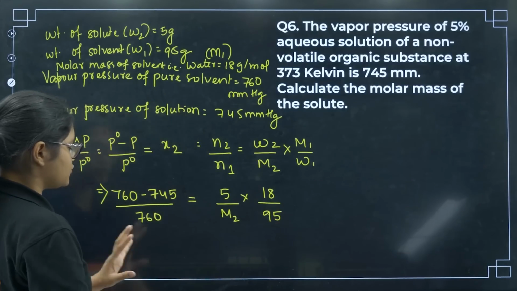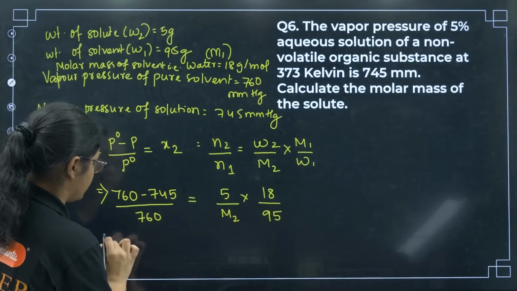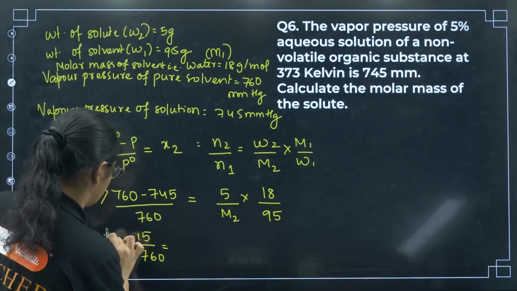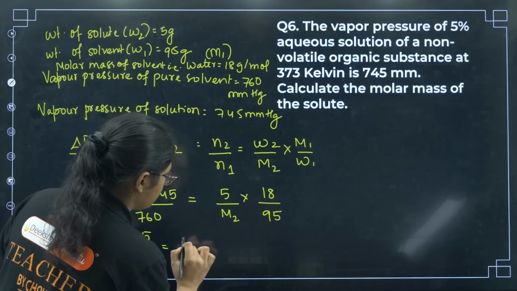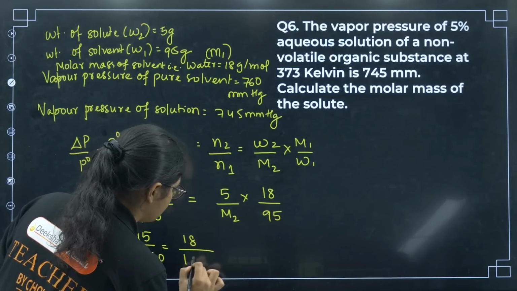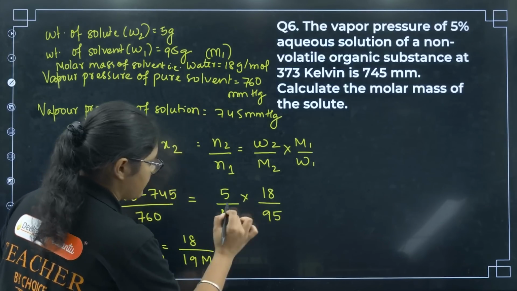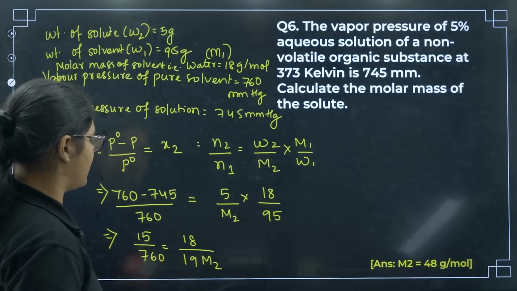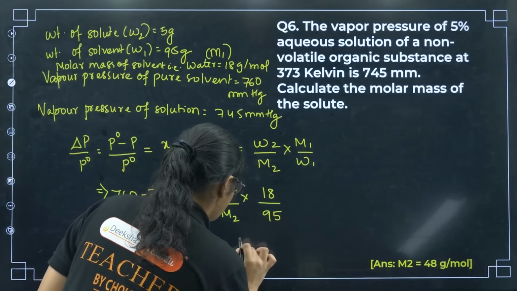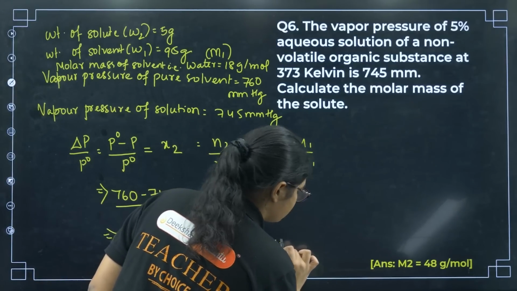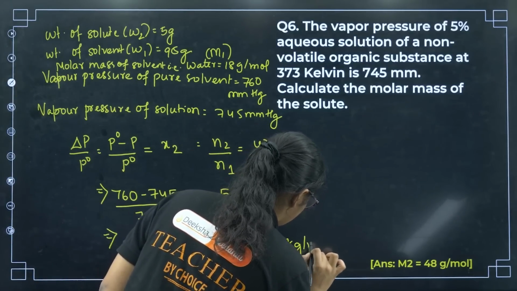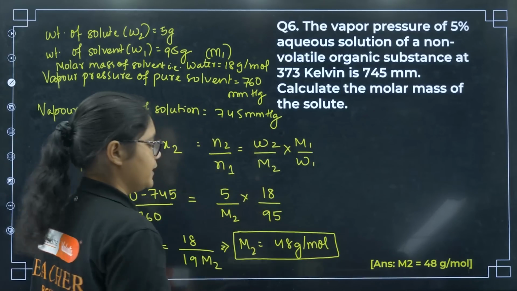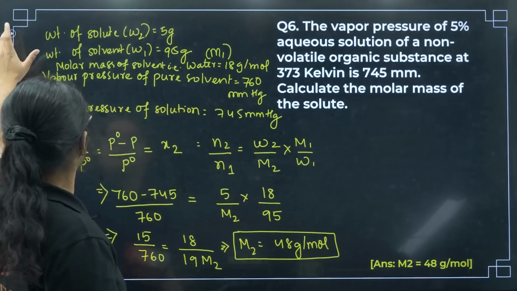So just solve this, it will become 15 by 760 is equal to 18 by 19 M2. Then if I solve this, I will get M2 as 48 gram per mole. Okay, clear?